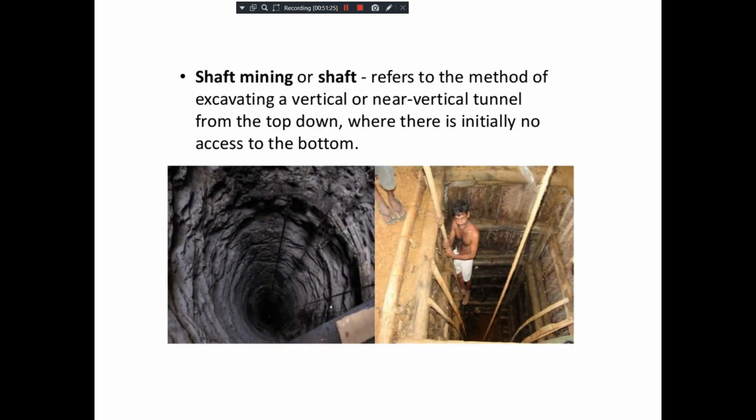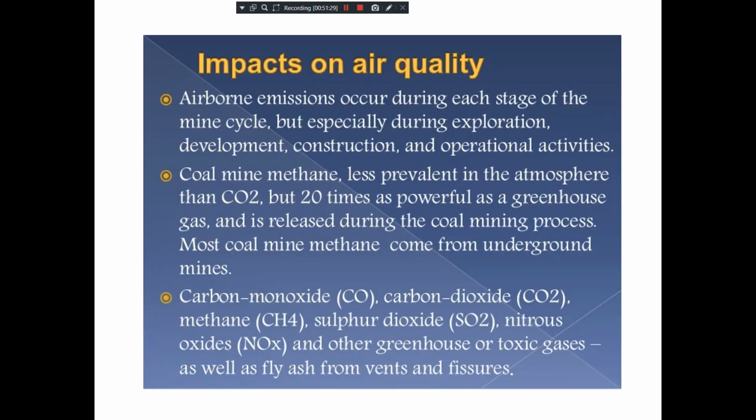See, this is another photograph of a mining for your information. Mines especially give out large amounts of methane, carbon dioxide, carbon monoxide, sulfur dioxide, nitrous oxide, and all of them are greenhouse gases.